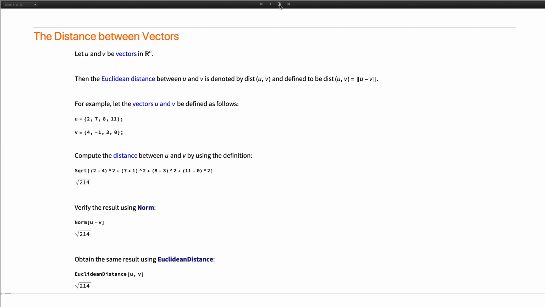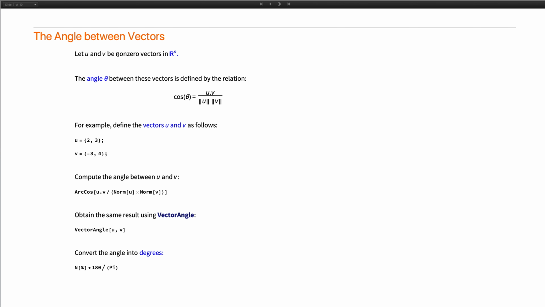Okay, next, how about angles? If you have two non-zero vectors u and v, then you can define an angle between them by this formula over here. The point being that the inner product will give a value which determines the angle. Depending upon whether u dot v is large or small, you'll get different angles.